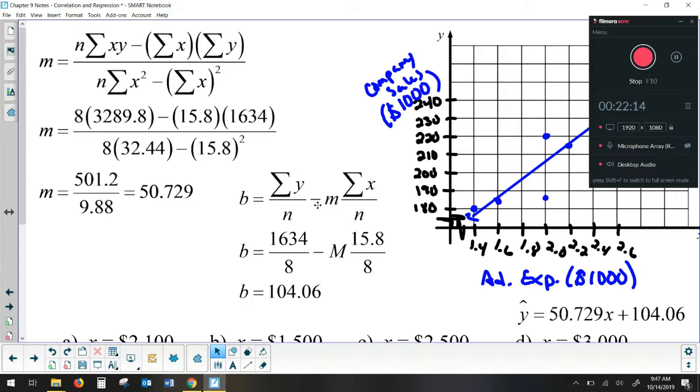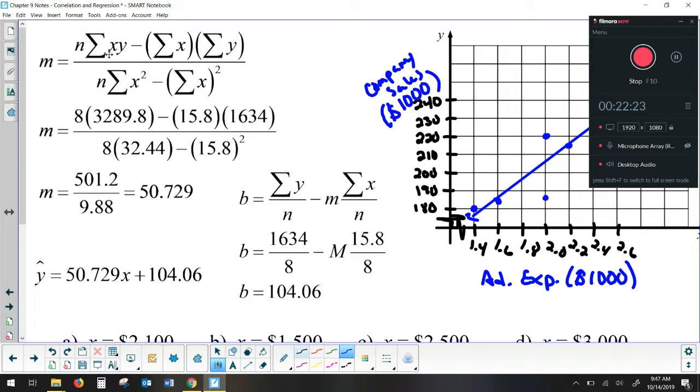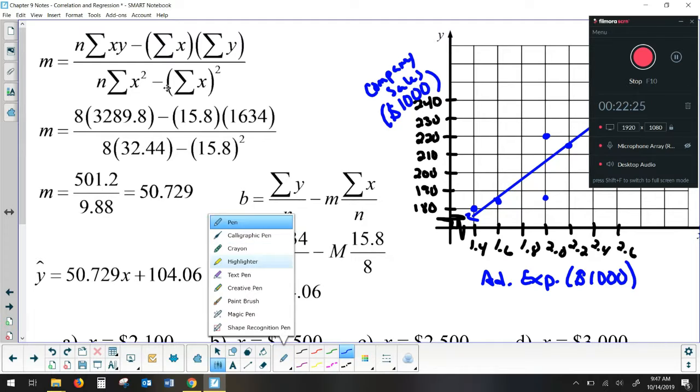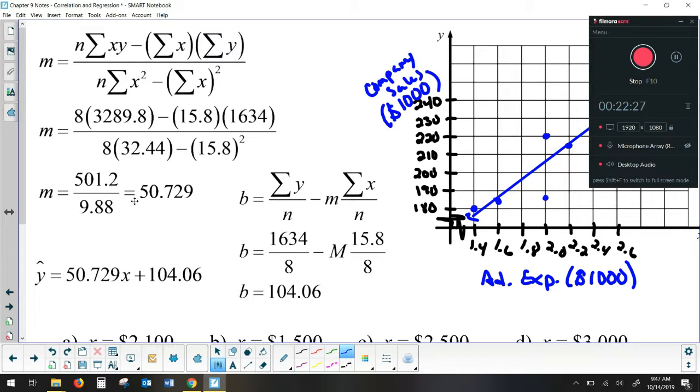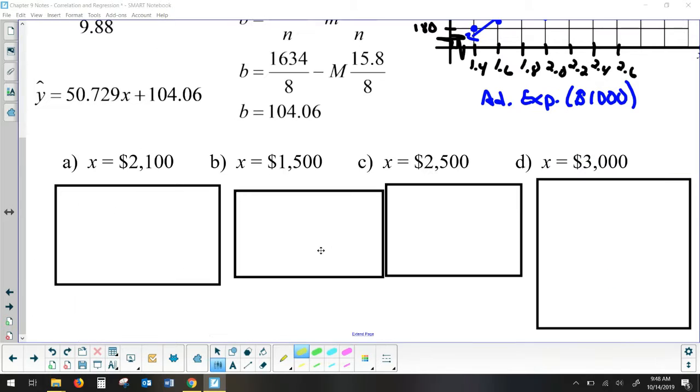You end up with 104.06. So we have this lovely equation. Y is equal to 150.729 x plus 104.06. Take that over here.